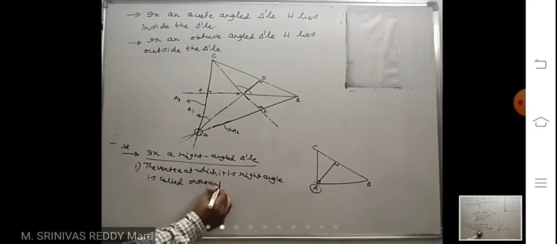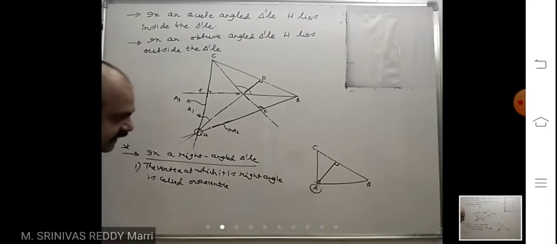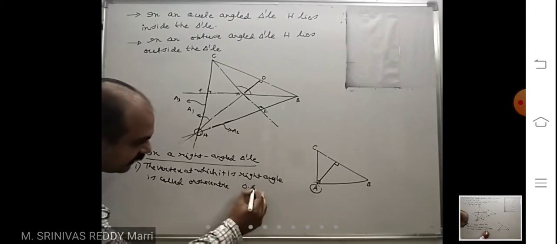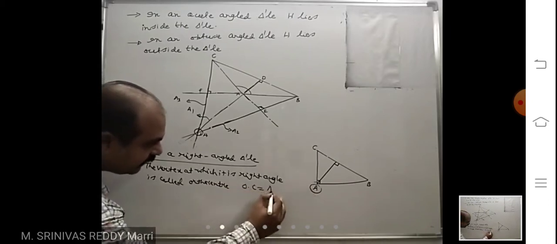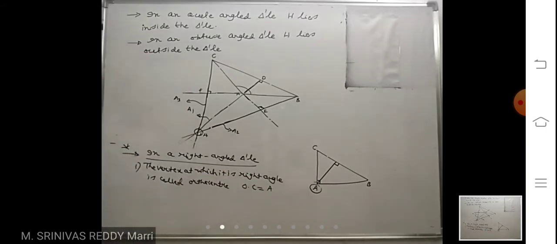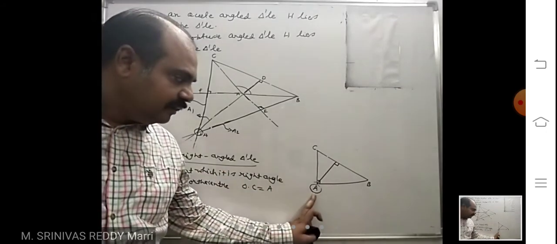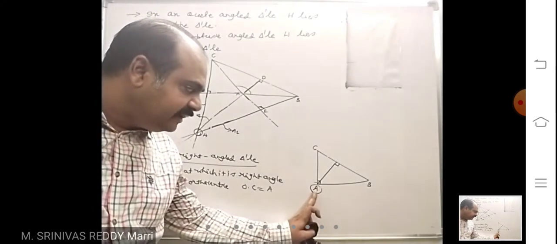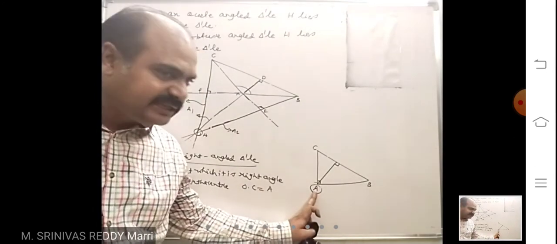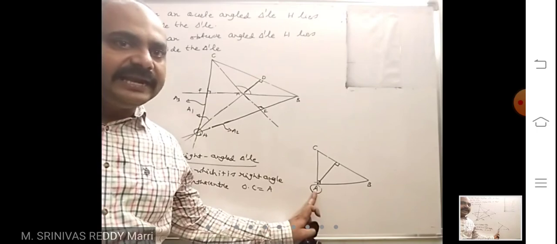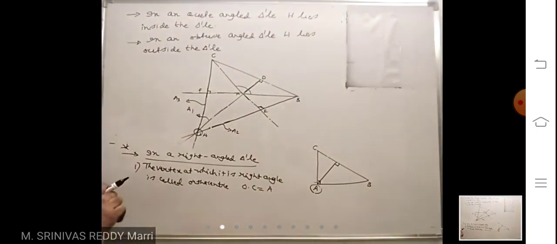So here orthocenter is nothing but vertex A. If you know that it is a right angle triangle, where the angle is 90 degrees, you take that point. That point is nothing but orthocenter in a right angle triangle. That is the main point.